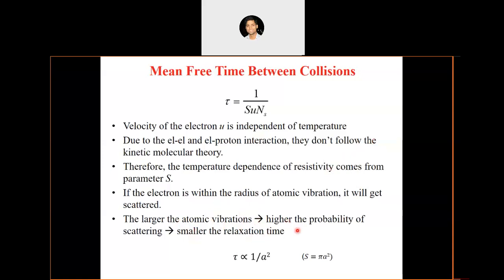The relaxation time will be smaller, so scattering time should be inversely proportional to the cross sectional area, which is pi a square. So tau should be inversely proportional to a square. We can come up with this relationship by following this simple logic, that mean scattering time should be inversely proportional to scattering area, which is proportional to a square.